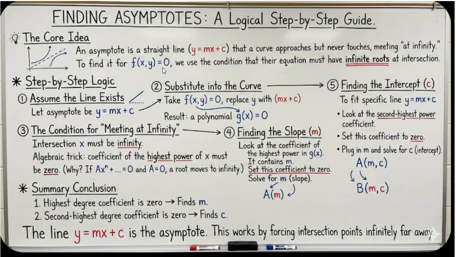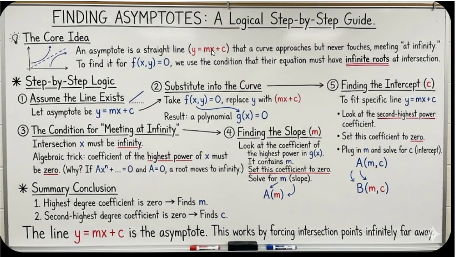As x tends to infinity, if y is equal to mx plus c is the asymptote to this curve, then at infinity the point x comma mx plus c is going to satisfy the curve equation.